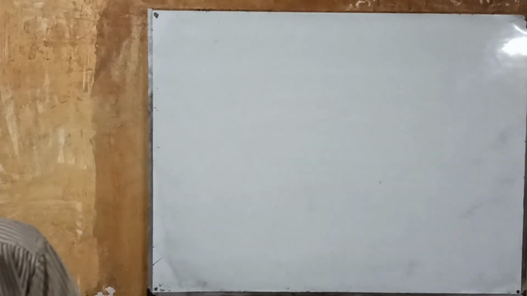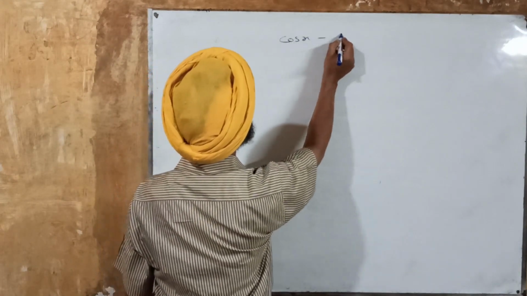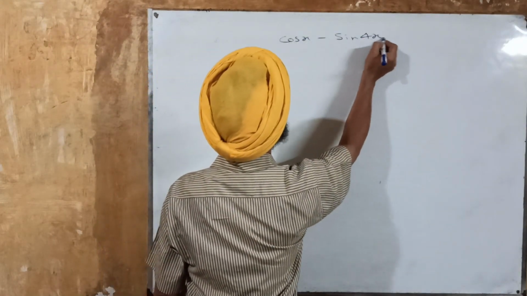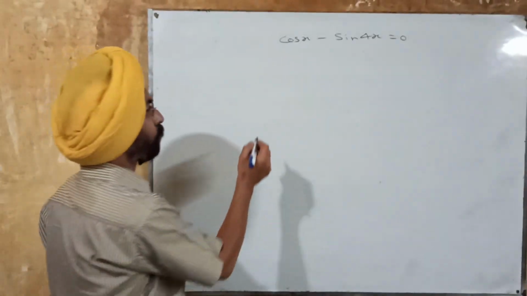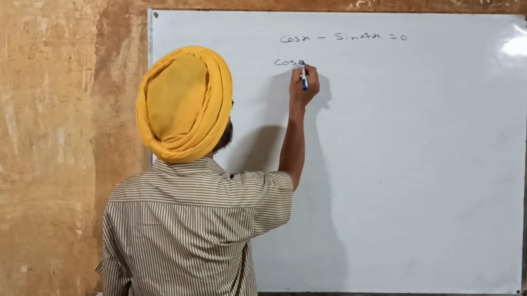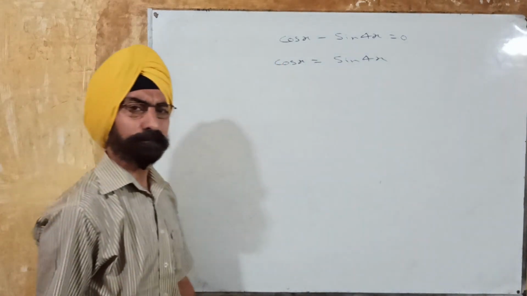And now another question is cos x minus sin 4x is equal to 0. Once again, this is a question. You can write cos x is equal to sin 4x.